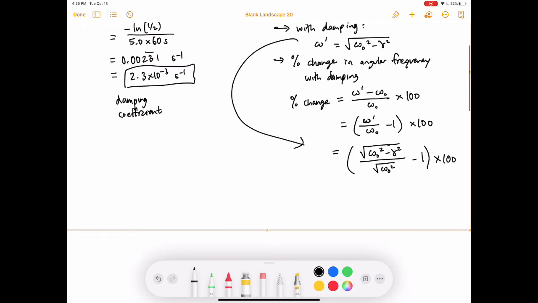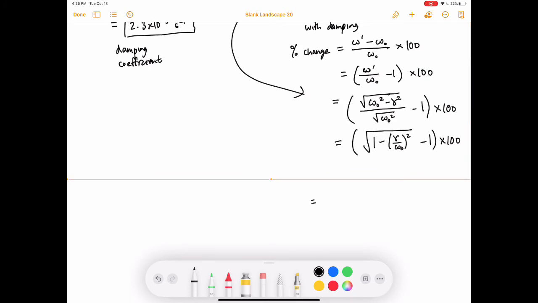So what we have is the square root of omega naught squared over omega naught squared, which is 1, and then we have gamma over omega naught, which we square here. So that's what's under the square root. And then we have minus 1 times 100. That's going to give us the percent change we're looking for.